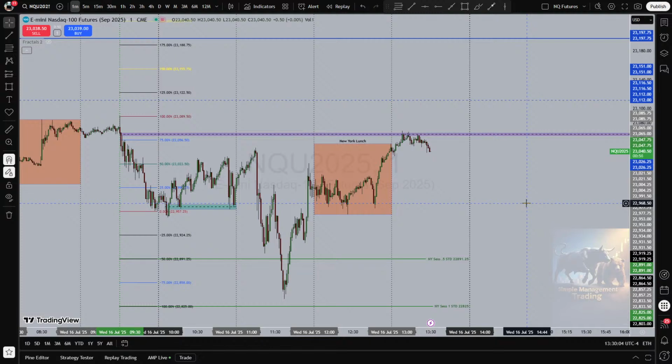If you think about it, it's taking the New York lunch liquidity, the highs, and it's also correlating with the first presented fair value gap. And now it's giving you a retracement. You know what's interesting?